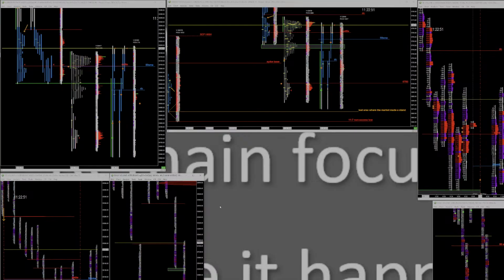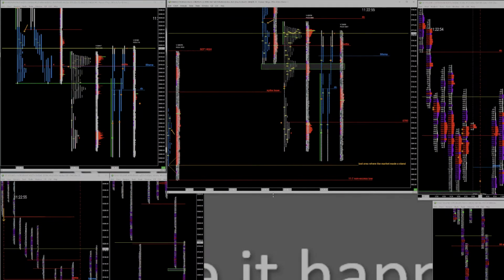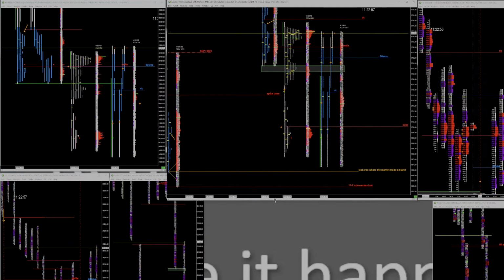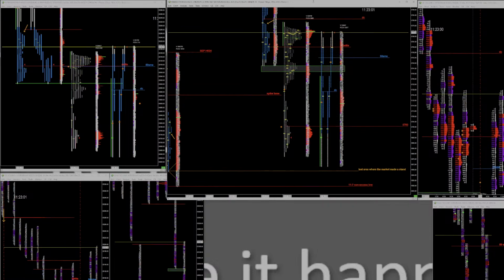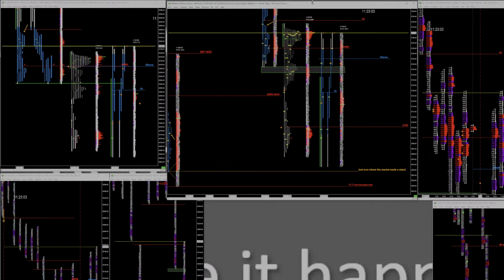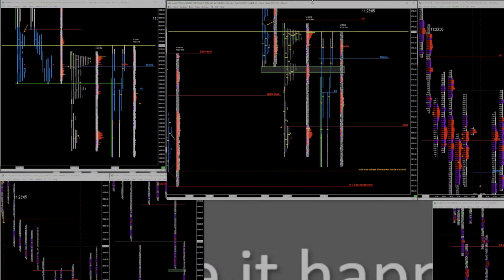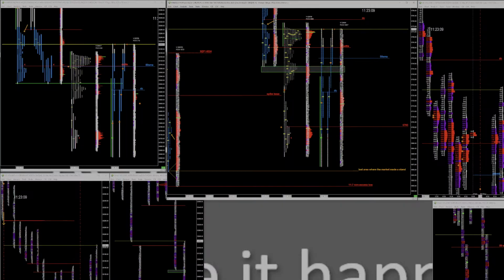And it was a very interesting development, what this market had yesterday, followed by heading into the close, the weekly close.